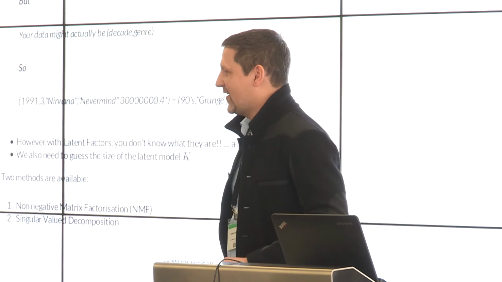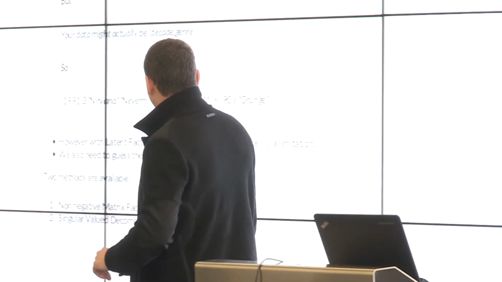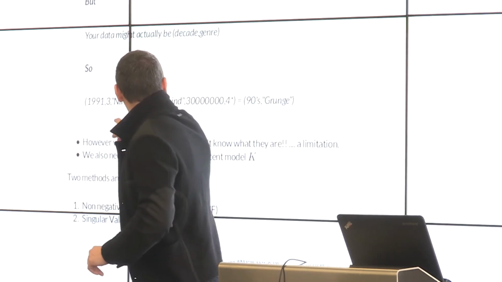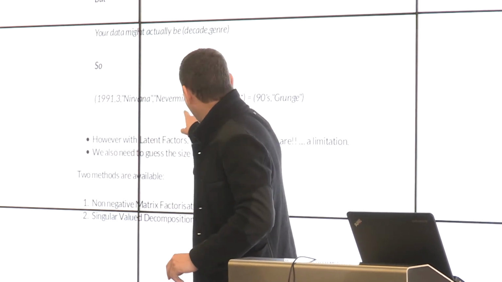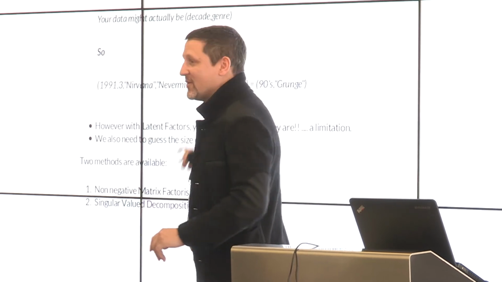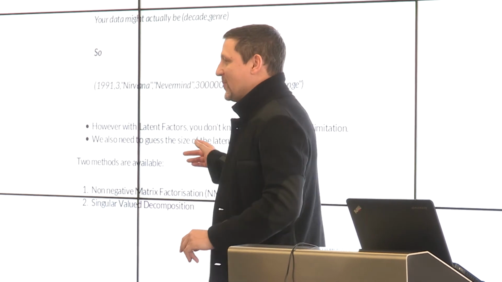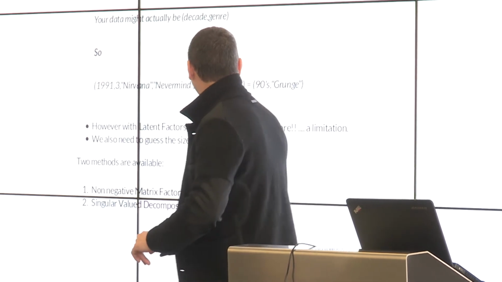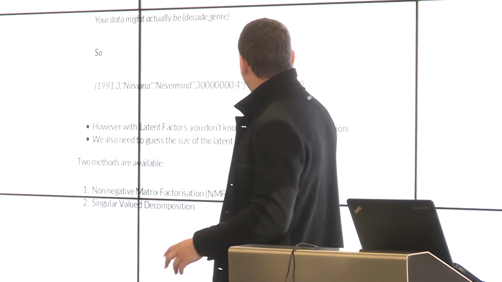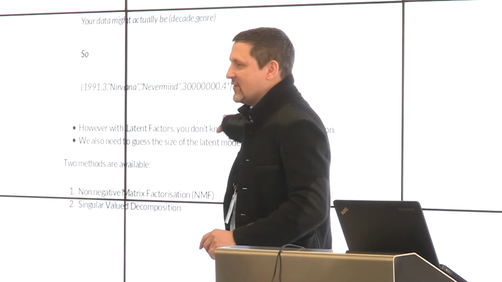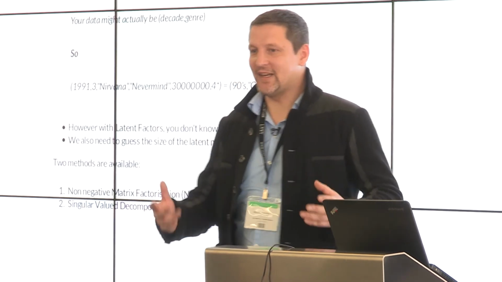I was in the 90s, and I was buying Nirvana and Pearl Jam and things like that. So this data, the Nevermind album, which sold 30 million copies, and I guessed that number, which was amazing, and then looked it up on Wikipedia, and I got it right. So that underlying number doesn't actually mean a lot. All that I was really interested in was this idea that it's a 90s grunge band.